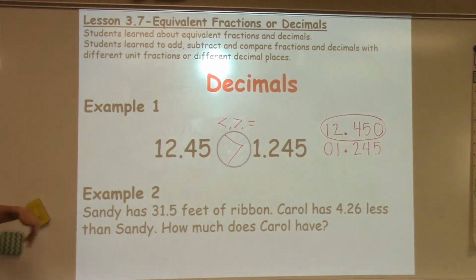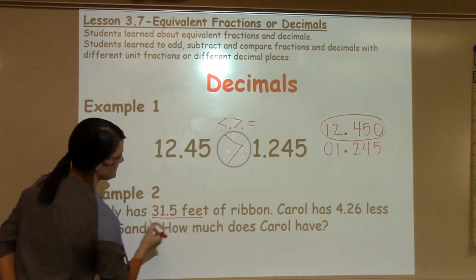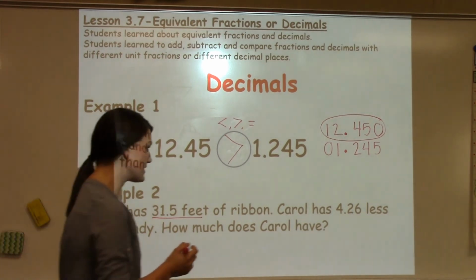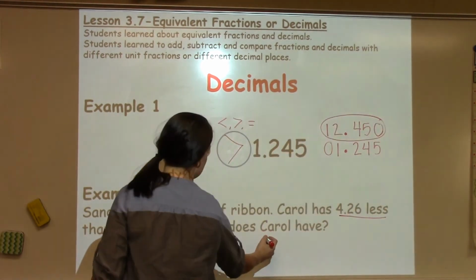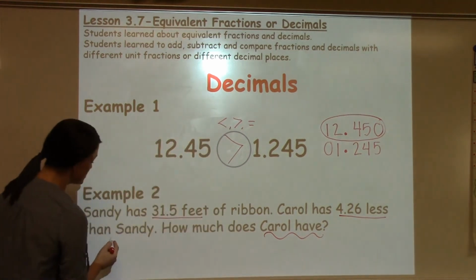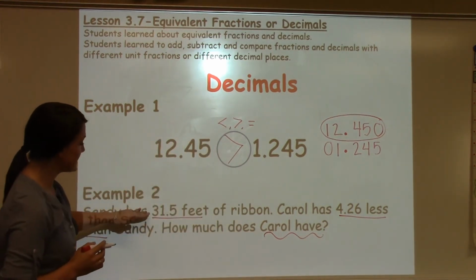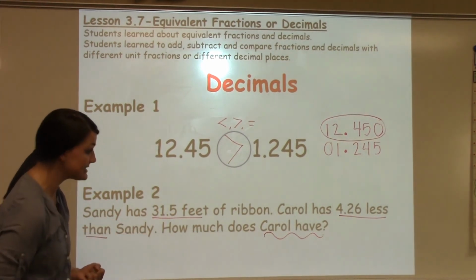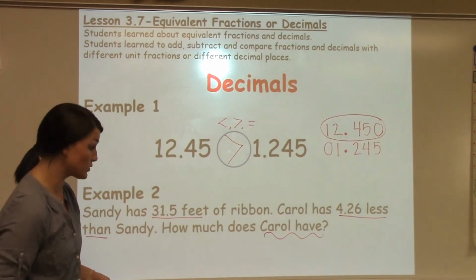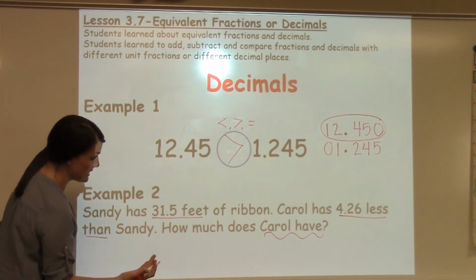Example 2 says, Sandy has 31 5/10 feet of ribbon. Carol has 4 26/100 less than Sandy. How much does Carol have? So, I know how much Sandy has, and I know that Carol has 4 26/100 less than that. So this is definitely a subtraction problem because of those words less than.